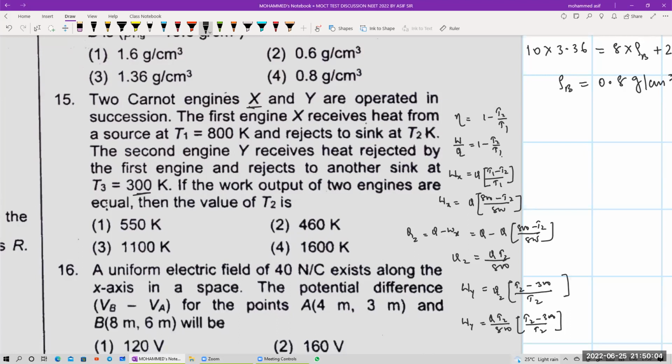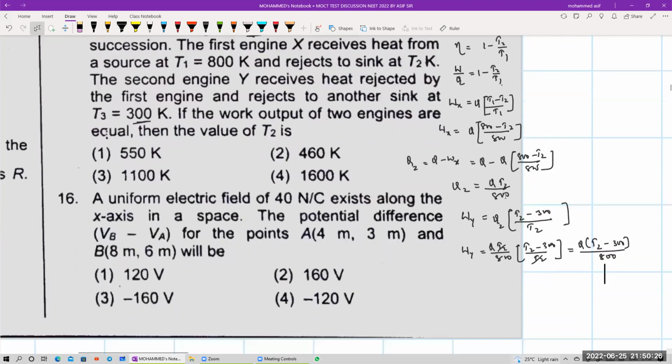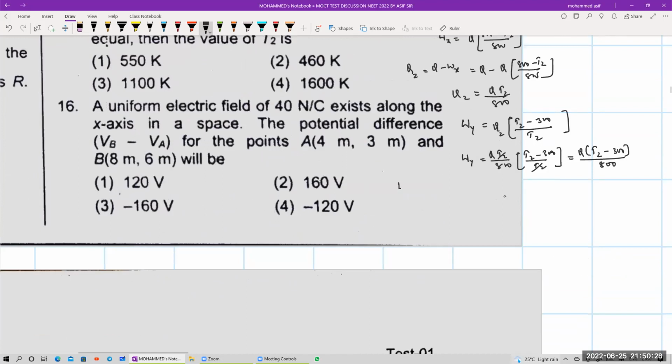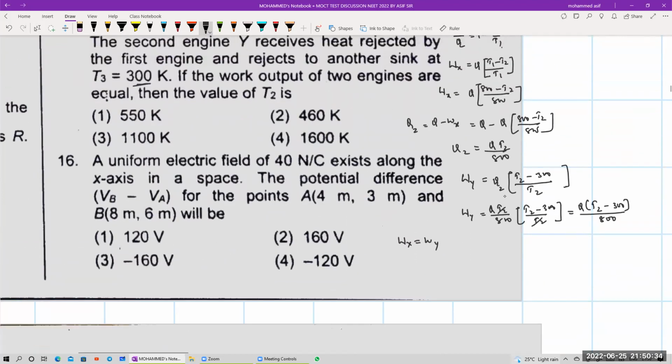If I simplify this, I'll get Q into T2 minus 300 divided by 800, since T2 cancels out. The problem is telling that if the work output of the two engines are equal, that is, W of X will be equal to W of Y. Work done by X will be equal to work done by Y. Work done by X value is equal to how much in the problem, you see?